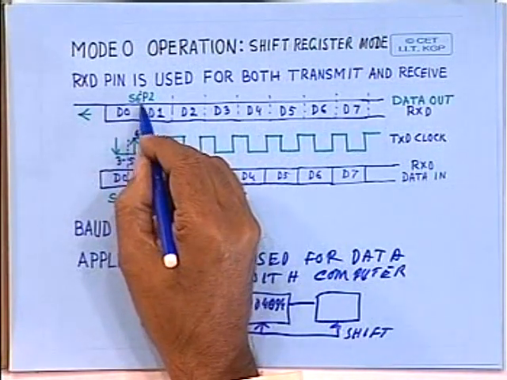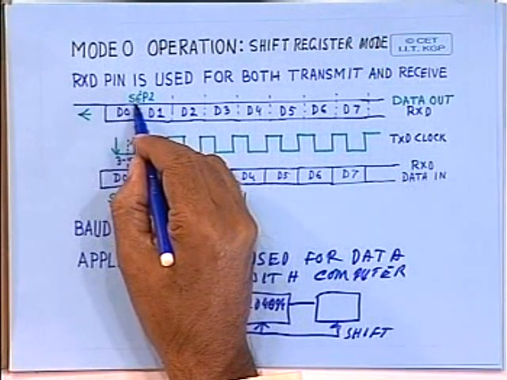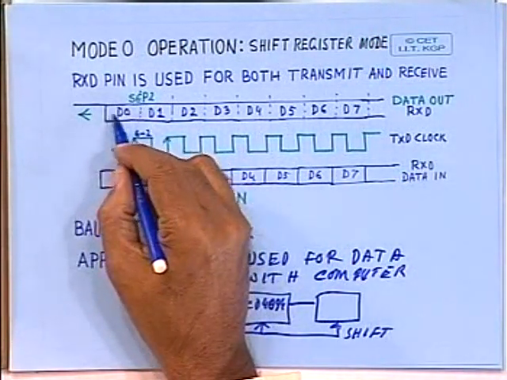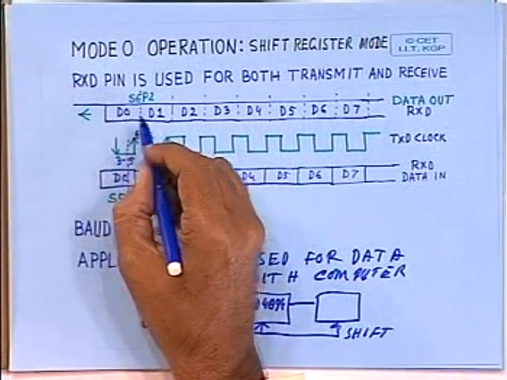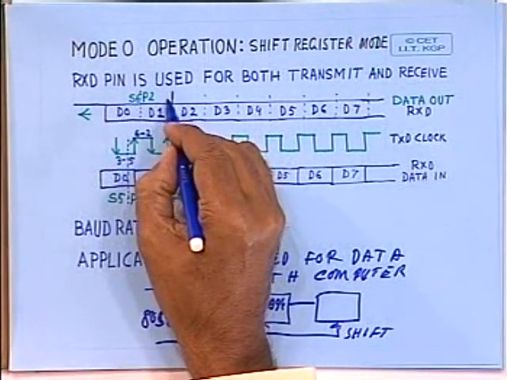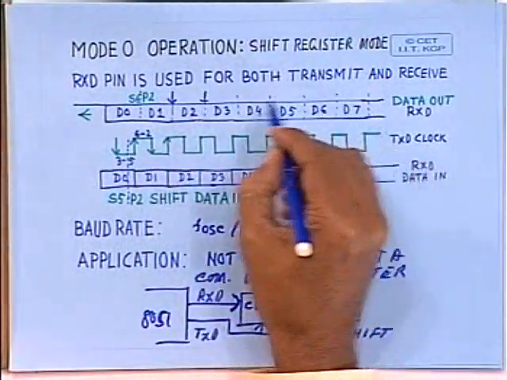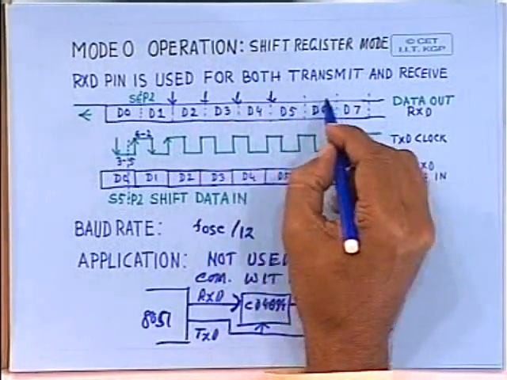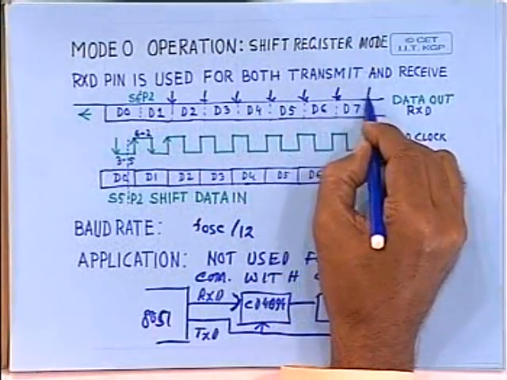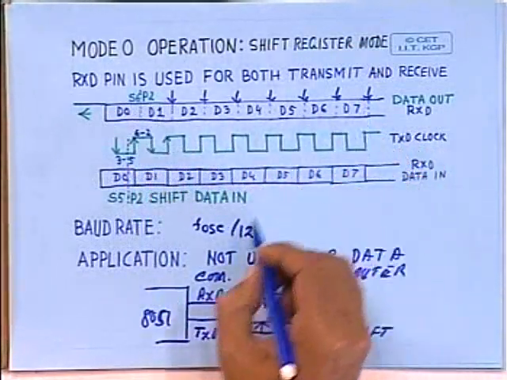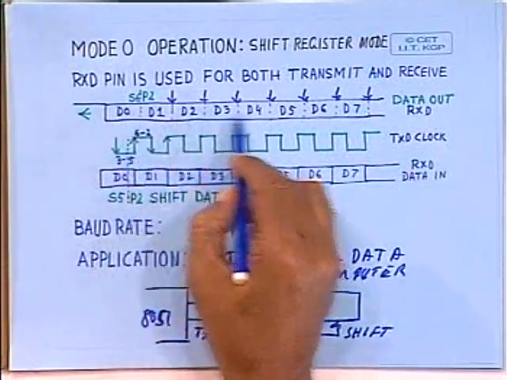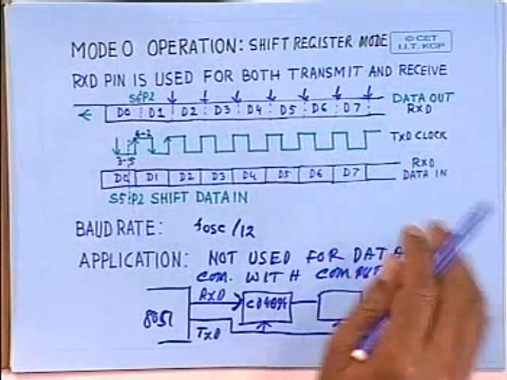So on each trailing edge of this S6P2 phase, one bit of data is shifted out. In this way, 8 such bits are shifted out in subsequent machine cycles. So in each machine cycle, as I have told, one bit of data is shifted out through the RxD pin.